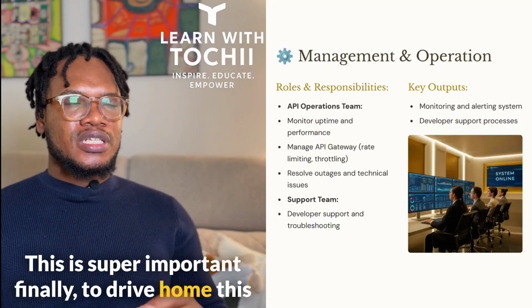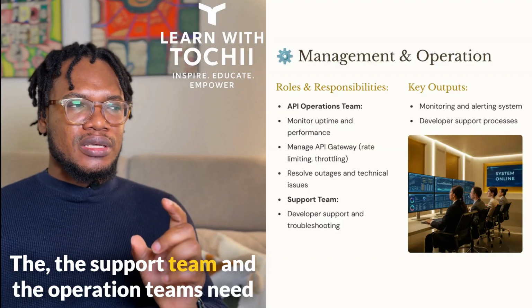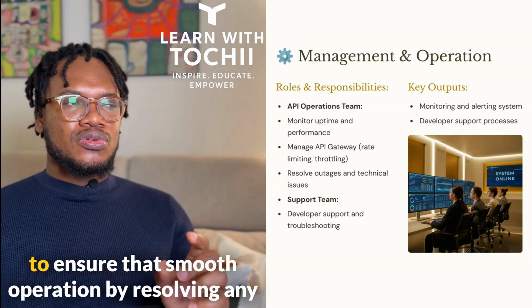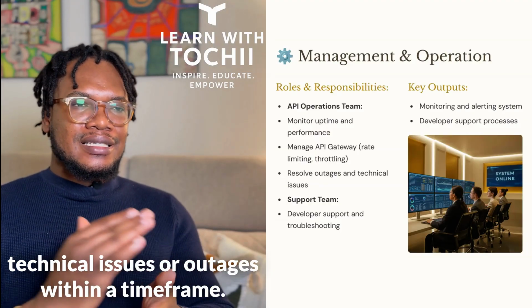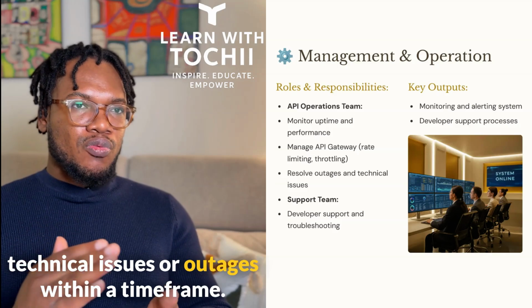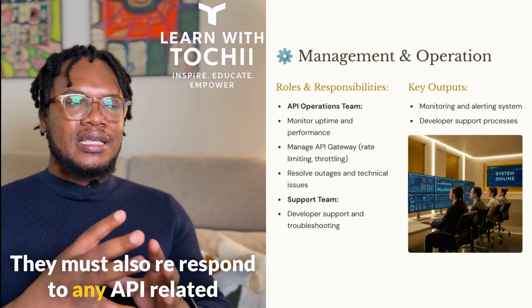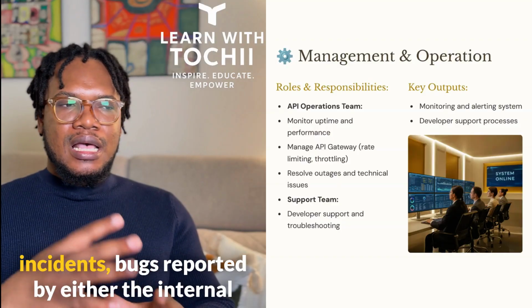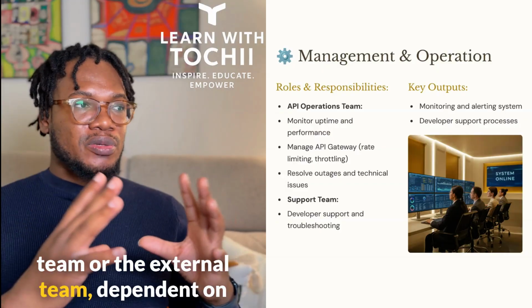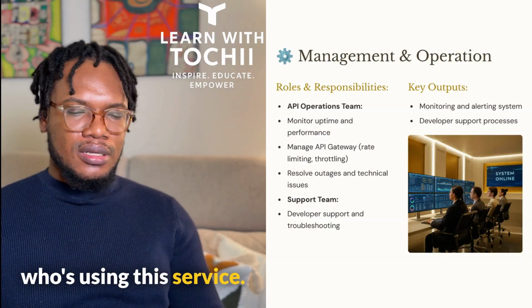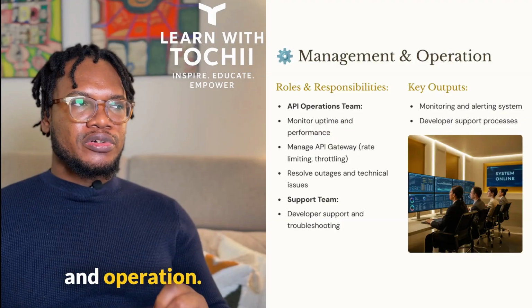Finally, to drive home this point on management and operation, the support team and the operation teams need to ensure smooth operation by resolving any technical issues or outages within a time frame. They must also respond to any API related incidents and bugs reported by either the internal team or the external team, dependent on who's using this service. So that's pretty much it in terms of management and operation.